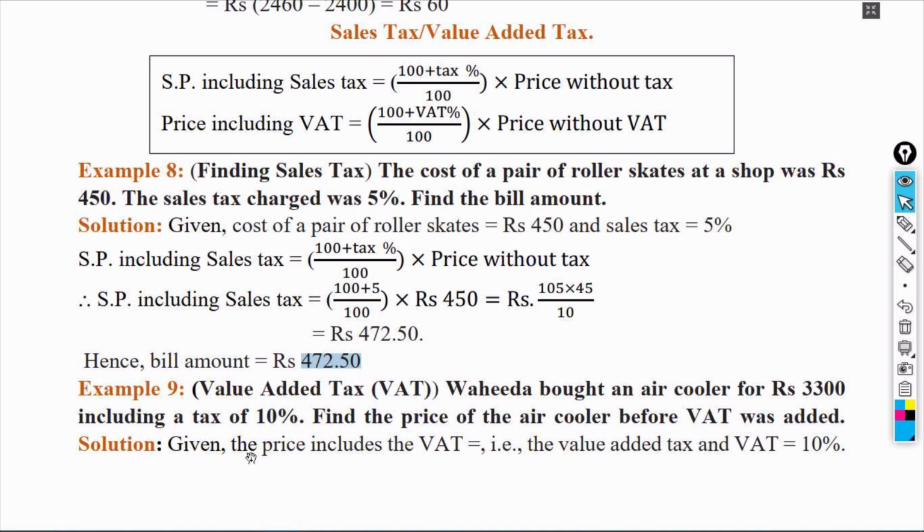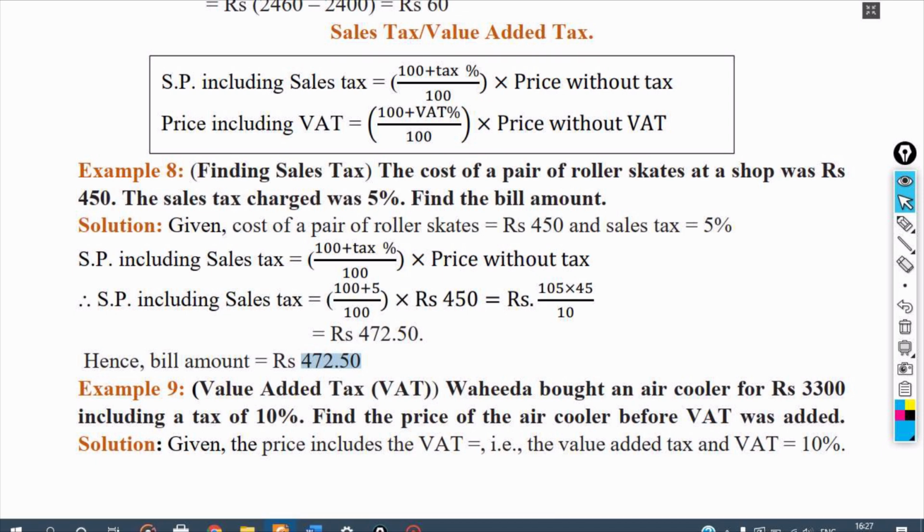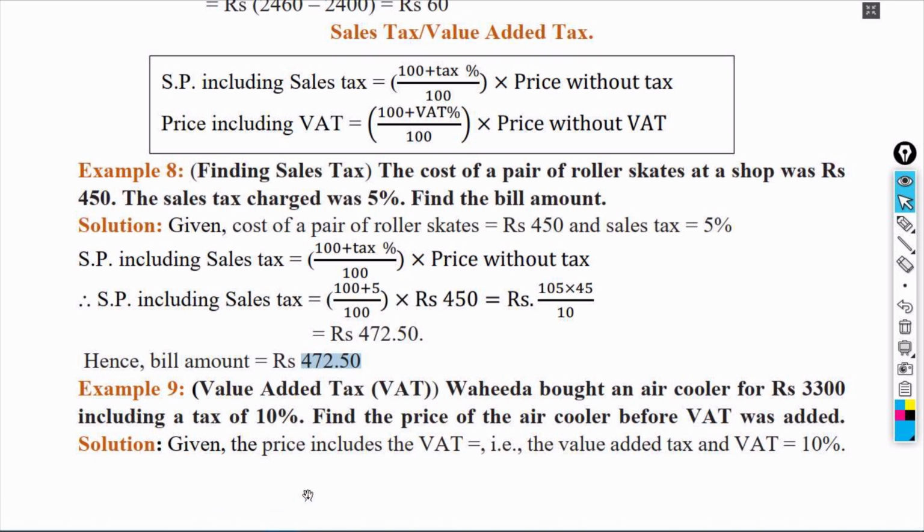Now, here the missing value is the price without VAT, and the price including VAT is rupees 3,300. Here it is given.